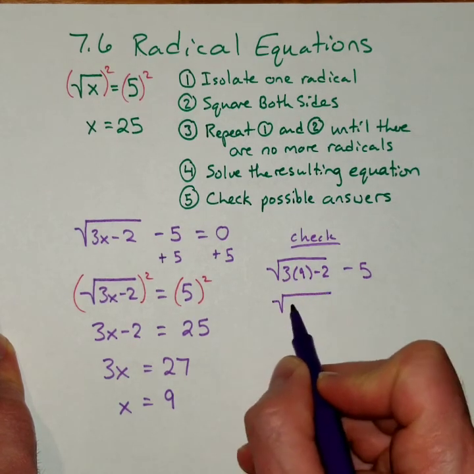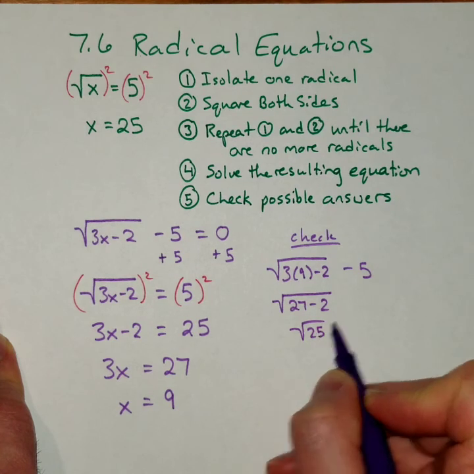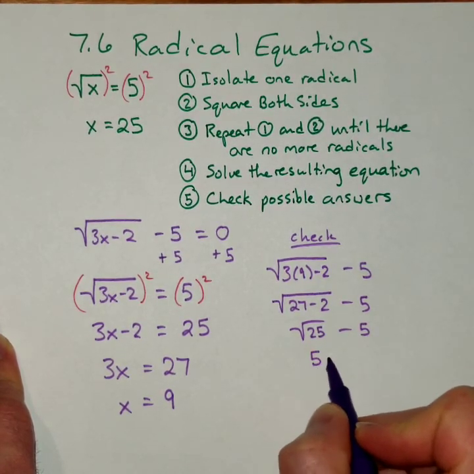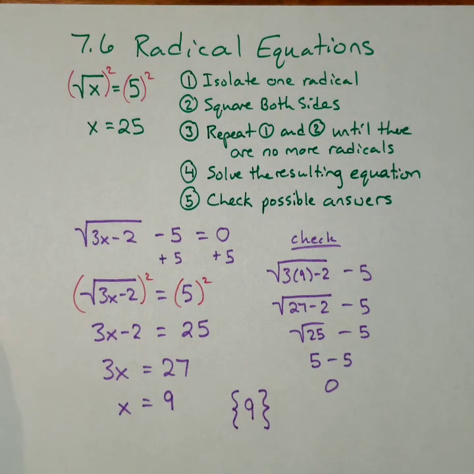And of course, under the root we get 27 minus 2, which is 25. When I subtract the 5, this is going to be 5 minus 5, which does equal 0, so that works. So my final answer is going to be the number 9 in set form, solution set. Okay? We'll work through a few more difficult examples in the next video.